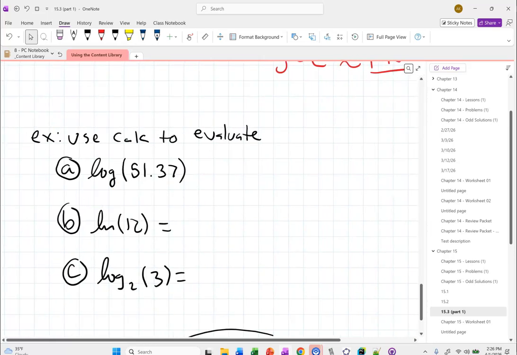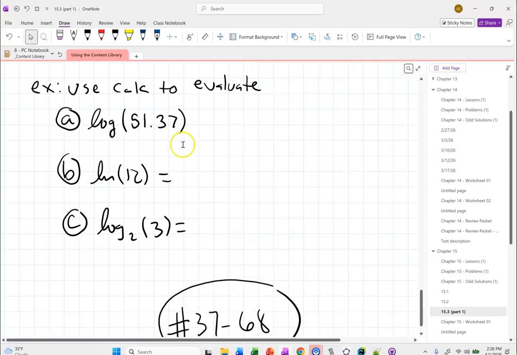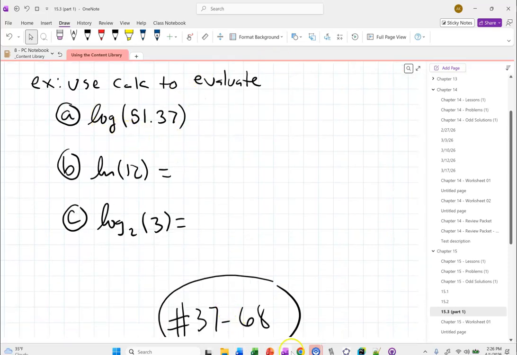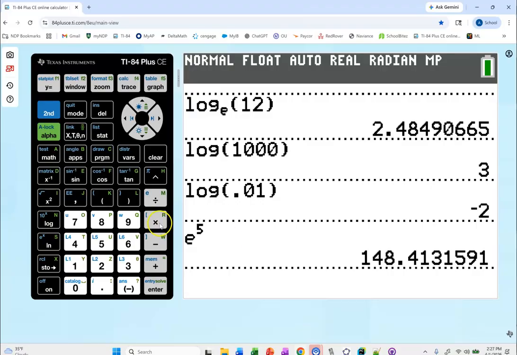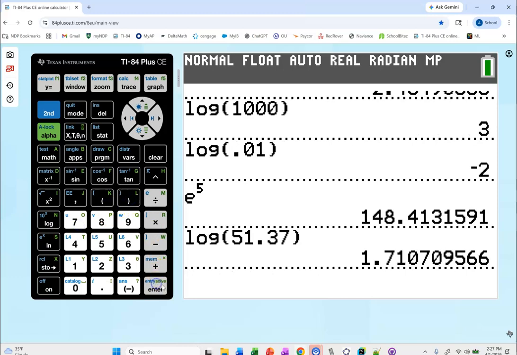Here, we're just going to use our calculator to practice evaluating these things. So again, if I want to do log of 51.37, I just use the log button on my calculator, 51.37. Bam, answer, done. Is everybody okay with that?